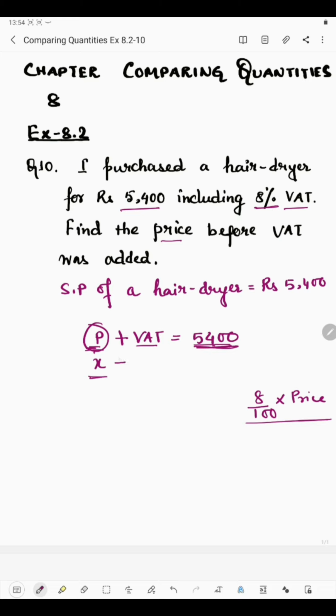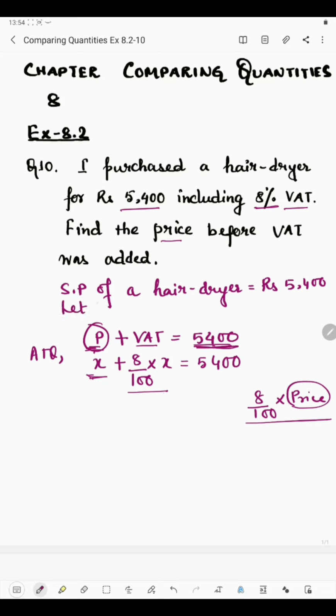Now here 8% means 8 by 100 into the price of the product, which we have considered as X. So 8% of X is the VAT to be added to the original price of the hair dryer, which will be equal to the amount you have to pay. So that means you will have to pay the price as well as tax if you want to buy that. Okay, so according to the question, X plus 8 by 100 into X is equal to 5400.